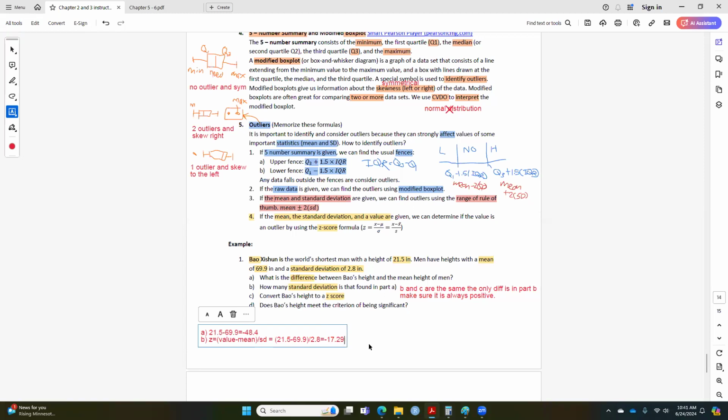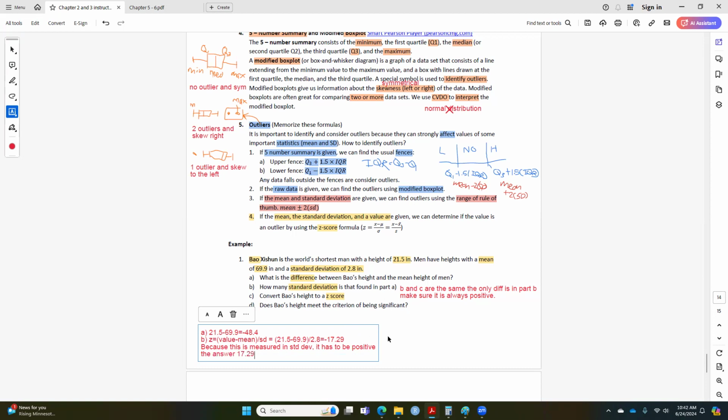However, because this is measured in standard deviation, it has to be positive. So the answer in this case is positive 17.29.